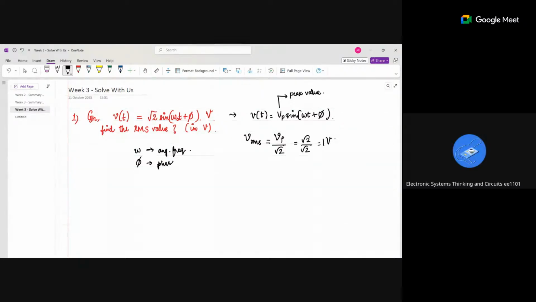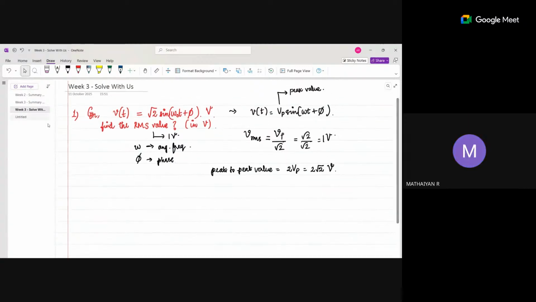Yeah, it's the phase. Then what will be the peak to peak value here? Ma'am, 2 root 2. Yeah, it will be 2 Vp volts. Since we have to find the RMS value, it is nothing but 1 volts.